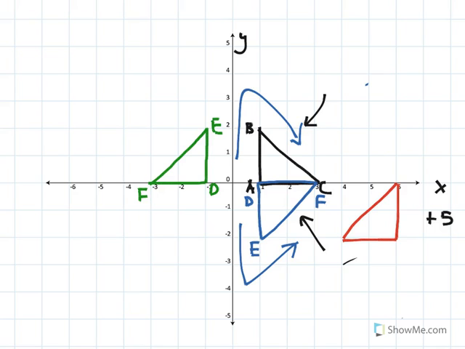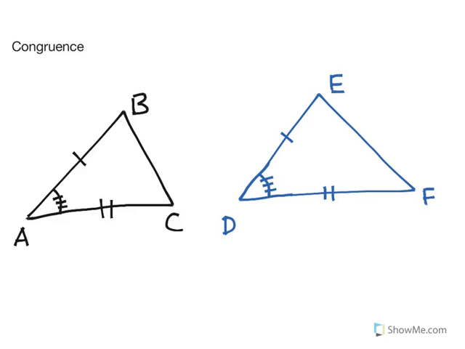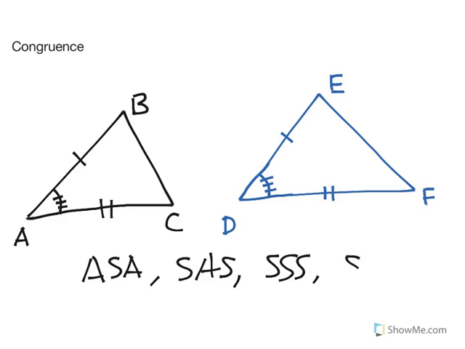Now let's understand congruence in triangles off the graphs. There are many different forms of congruence theorems for triangles, but some of the main ones are ASA, angle-side-angle, SAS, side-angle-side, SSS, side-side-side, and AAS, angle-angle-side. There are a few that you aren't supposed to use, like ASS or SSA.